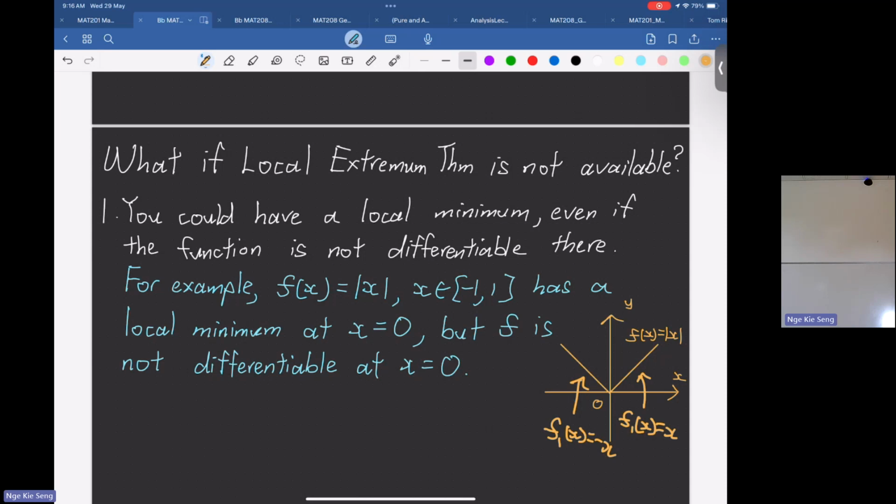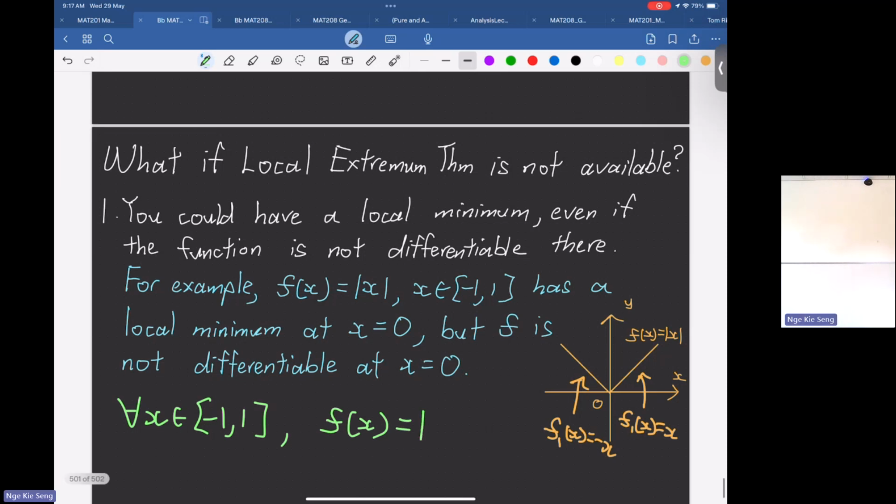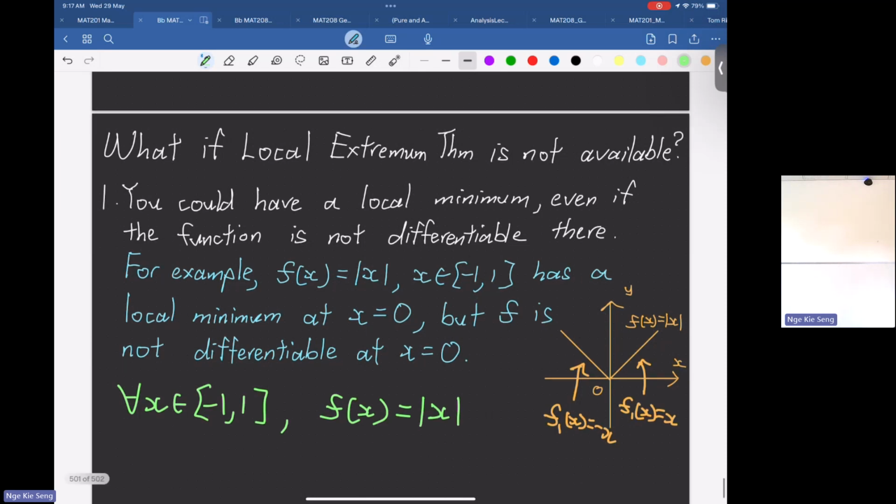So you can see that for every x in (-1, 1), f(x) is equal to the modulus of x, and this number should be greater than or equal to 0, where 0 is equal to f(0). Does it make sense?